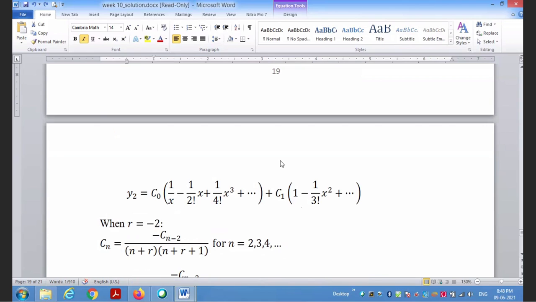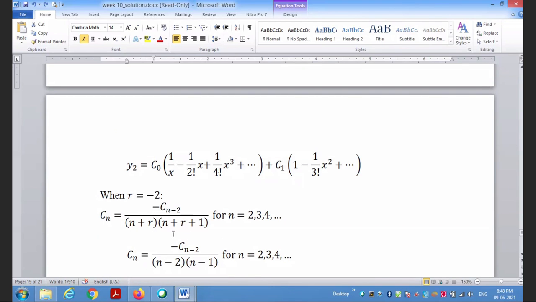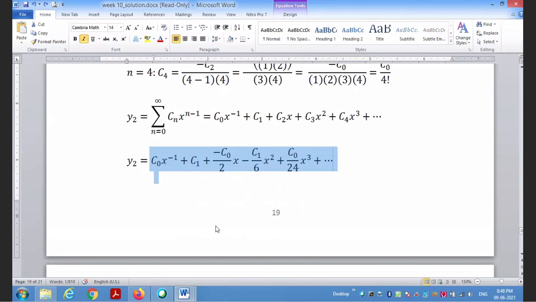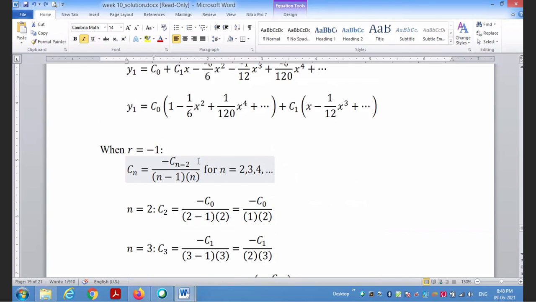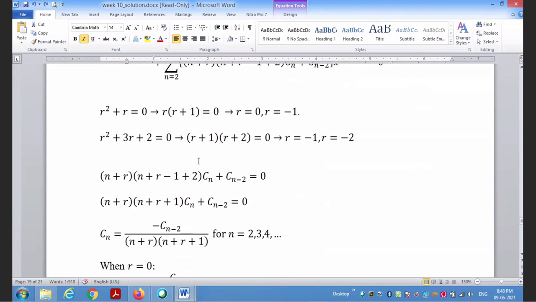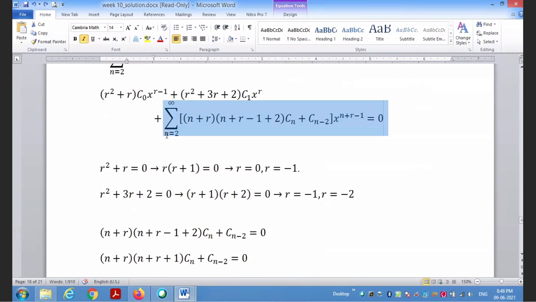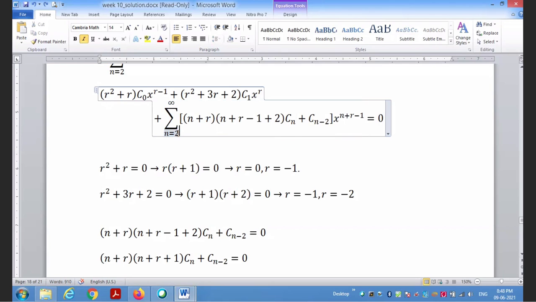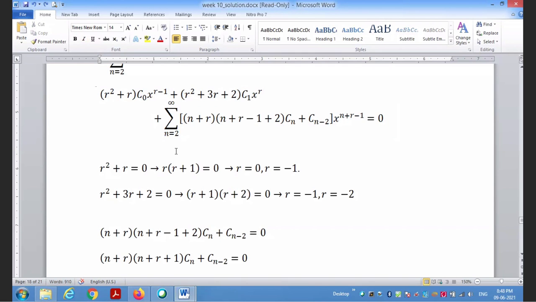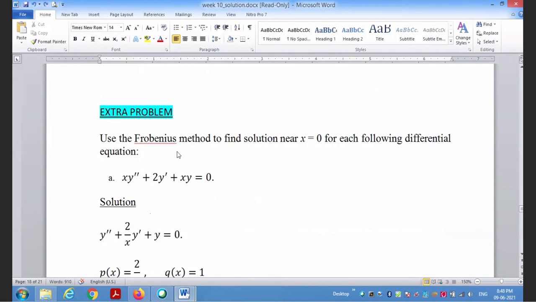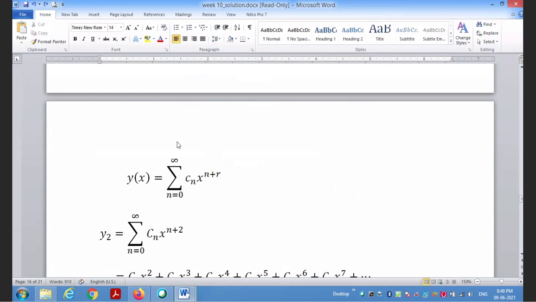Up, up, yeah, here. For this statement, how do we know n equals 2, 3, 4, but not 1? Again, Tan, say it again. How do we know the n starts from 2, 3, 4? From here, Tan, the summation starts from 2, right? See, in the previous one, let me show you the previous one.